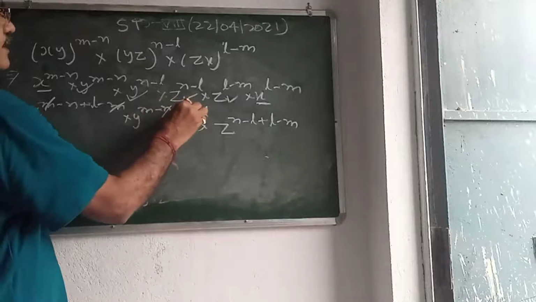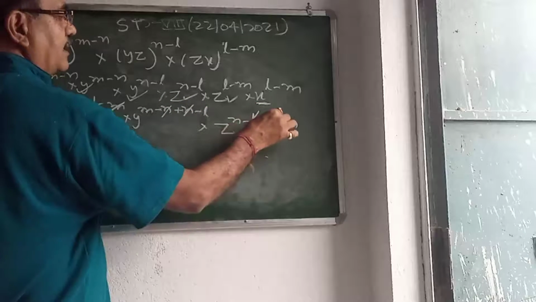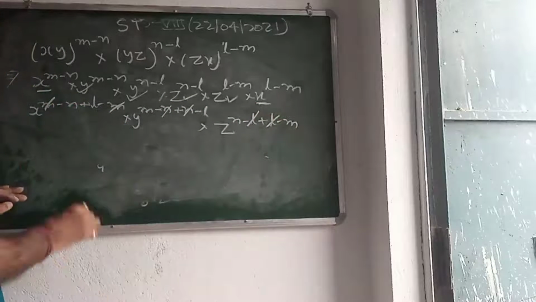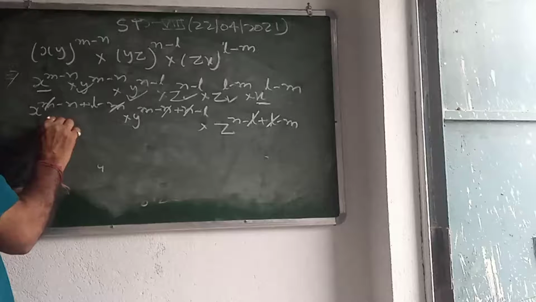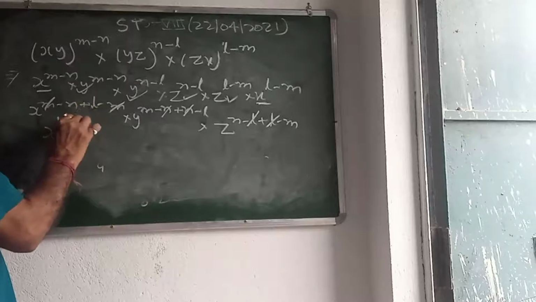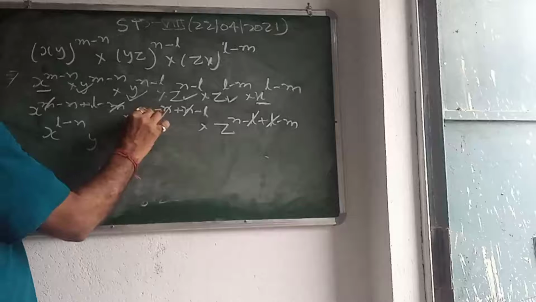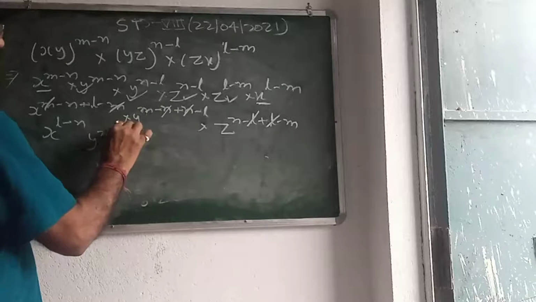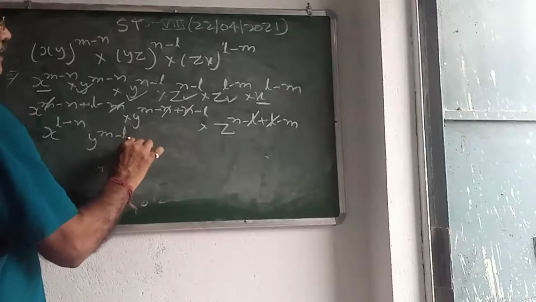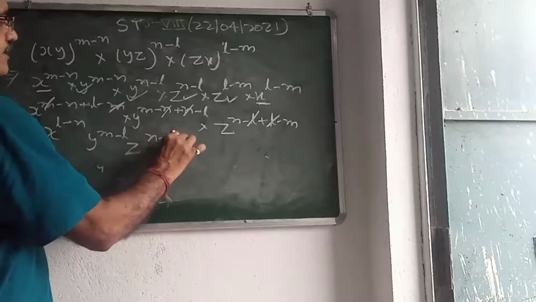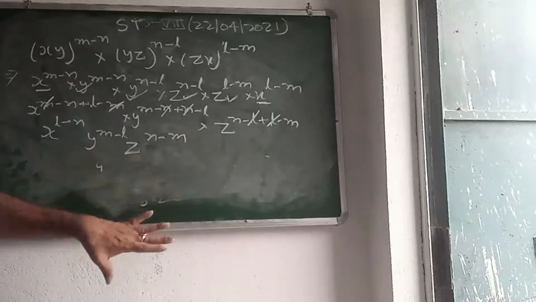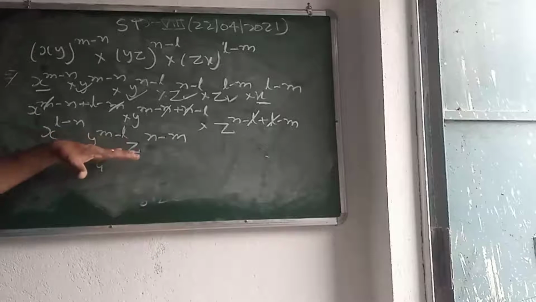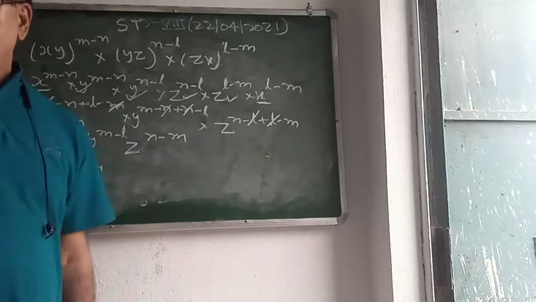Minus n and plus n will be cancelled. Minus l and plus l will be cancelled. So what is left here? Left here is x to the power l minus n, y to the power m minus l, and z to the power n minus m is left. After that we can do nothing here. So this is our final answer.